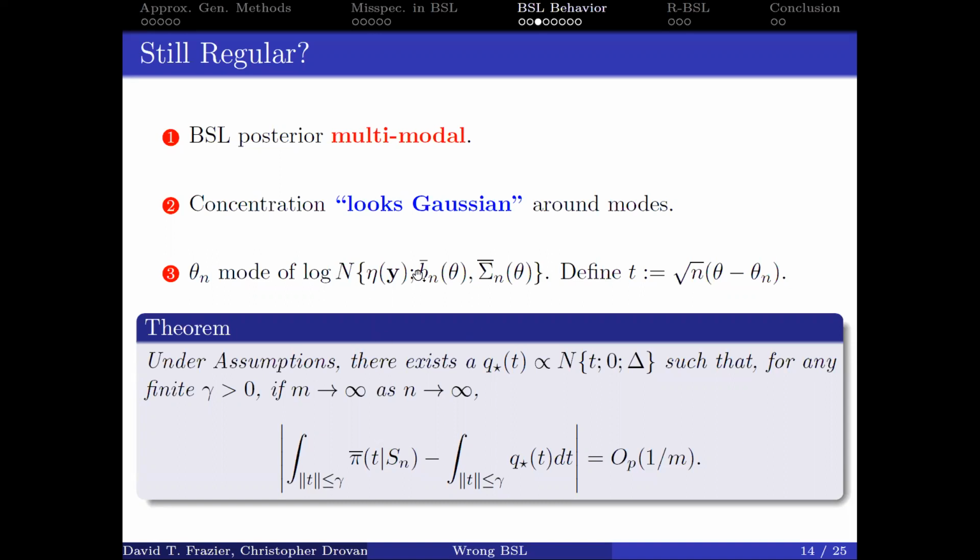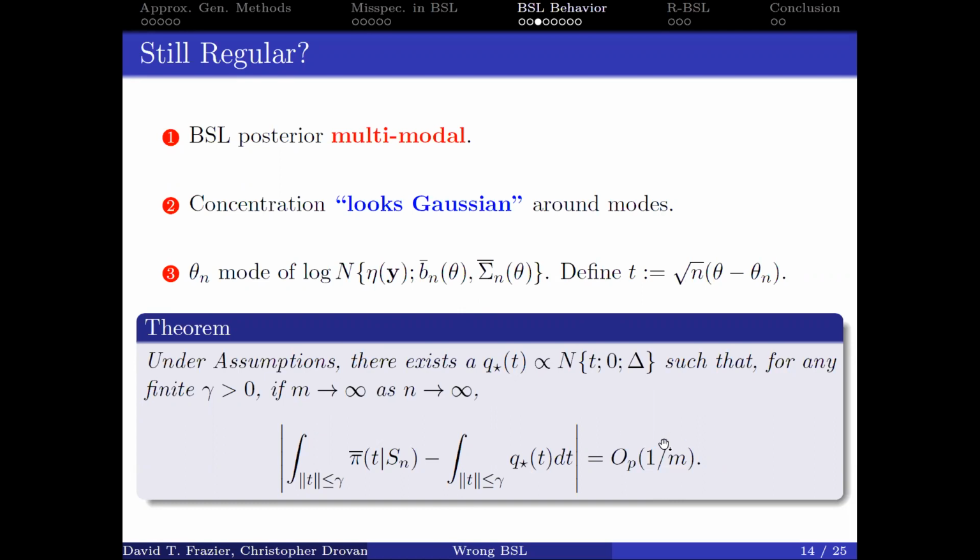synthetic likelihood. In particular, if I define a localized version of the parameter, which again is just a local translation of the space, then under some strong assumptions that require pretty strong smoothness of the log synthetic likelihood, there exists a density that's a normal with mean 0 and variance given by the second derivatives of the limit of this criterion function, such that for any finite gamma, if I look only in a gamma ball around this T, that BSL posterior is indistinguishable from that kernel of a normal.